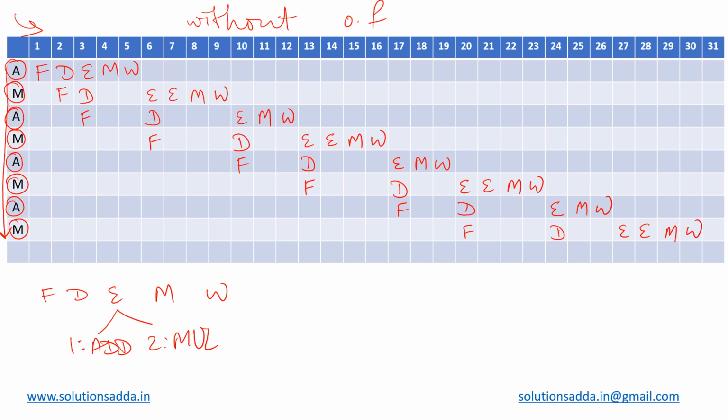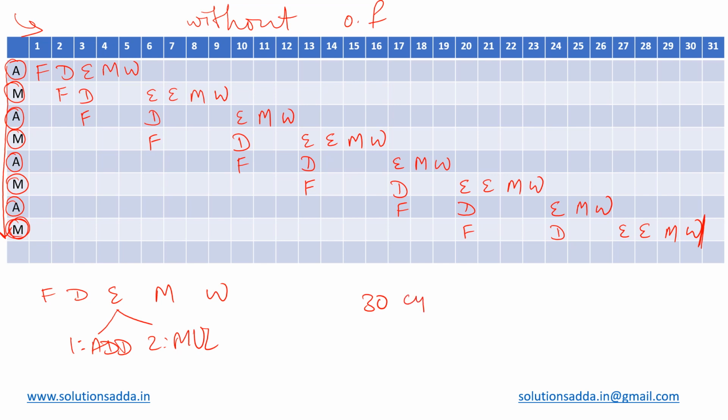So this completes our sequence of 8 instructions that were to be executed, and we saw that the total time it took for performing this is 30 cycles, because at t equal to 30 the last write back for this last MUL instruction has been completed.